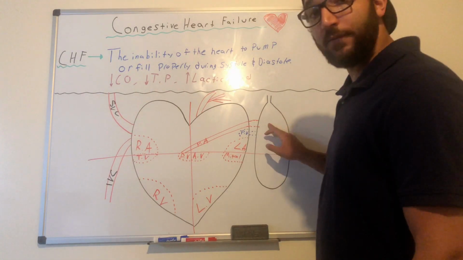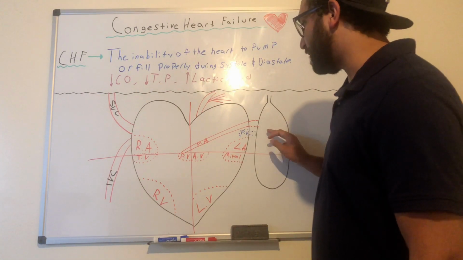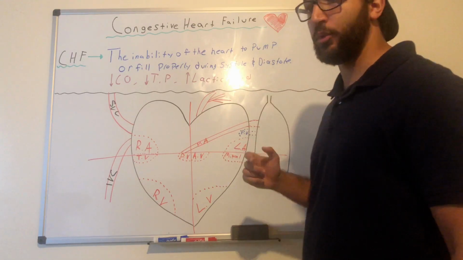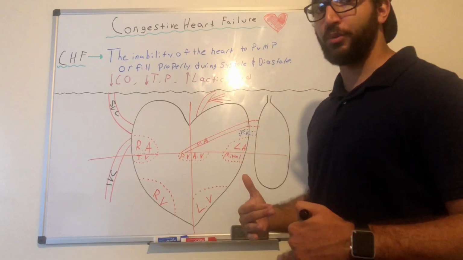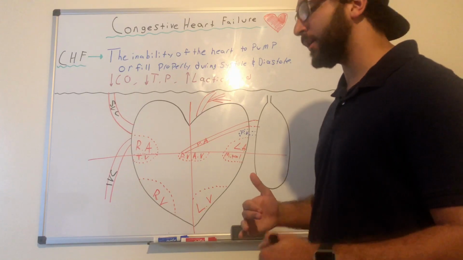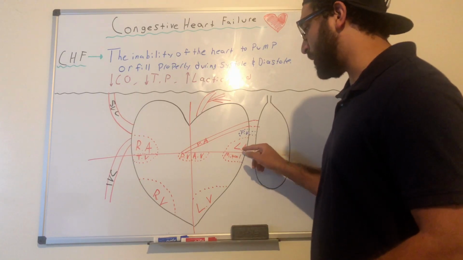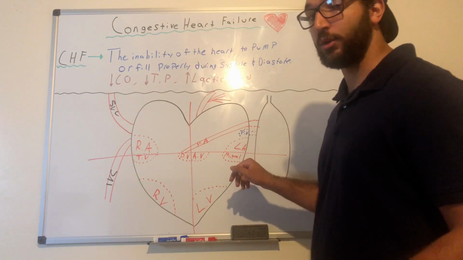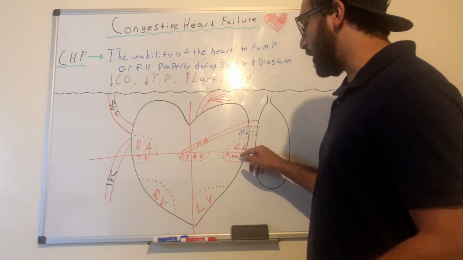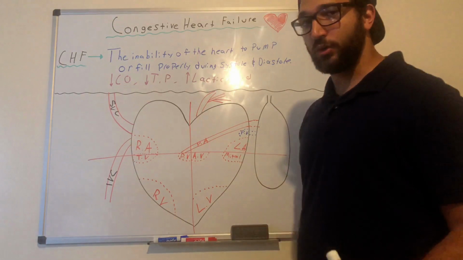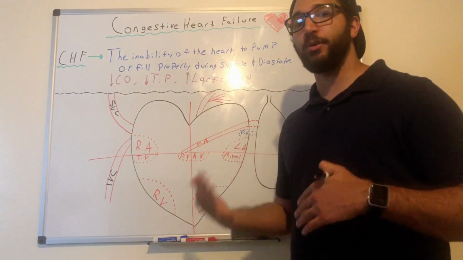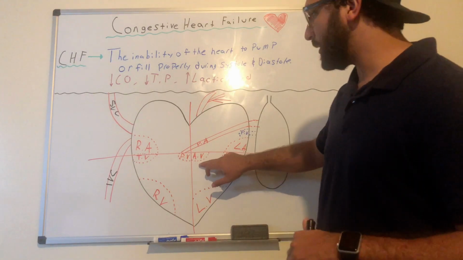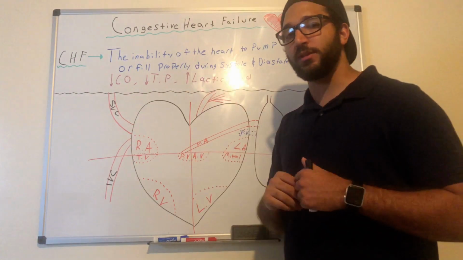From the lungs, blood is sent through the pulmonary vein into the left atrium, which is a low pressure system again. The blood then flows from the left atrium through the mitral valve, also known as the bicuspid valve, to the left ventricle. The left ventricle is highly pressurized, and sends out blood through the aortic valve into the aorta and out to systemic circulation.